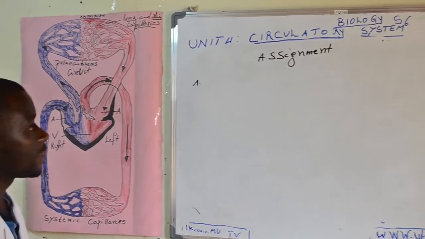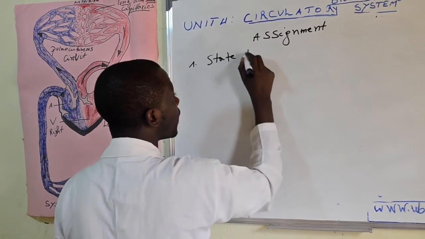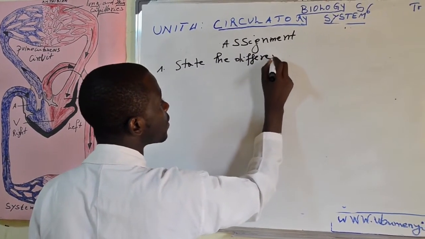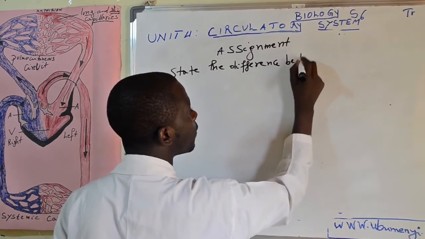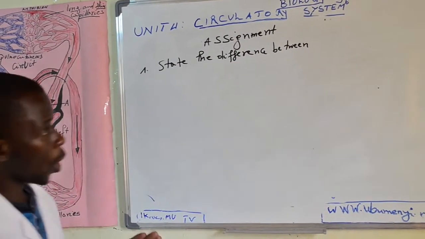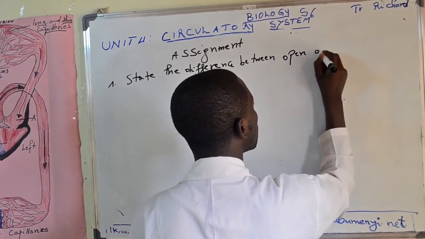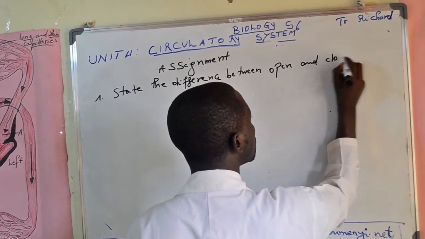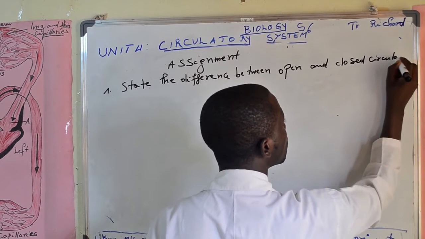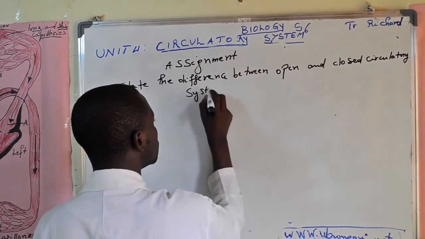You will state the difference between open and closed circulatory system.